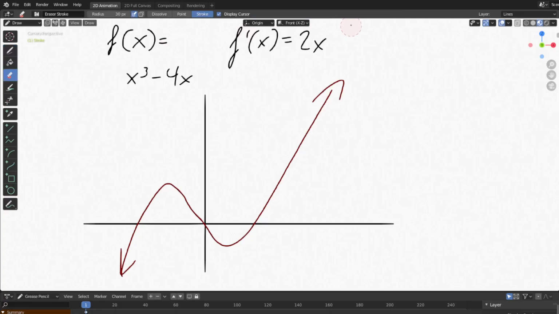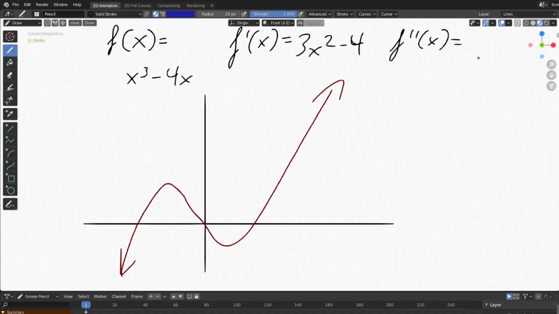Its derivative would be 3x squared minus 4, and then its second derivative would be 6x.